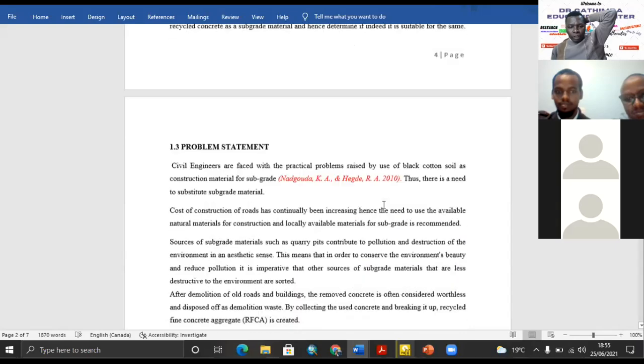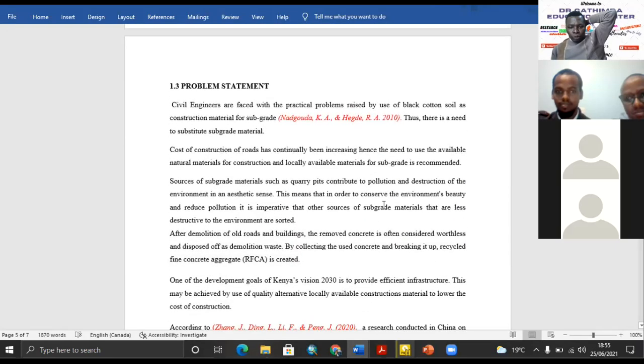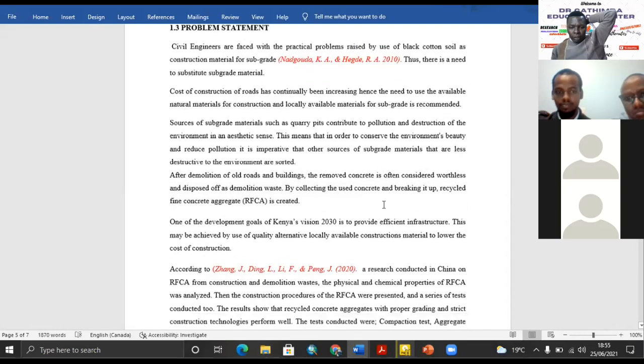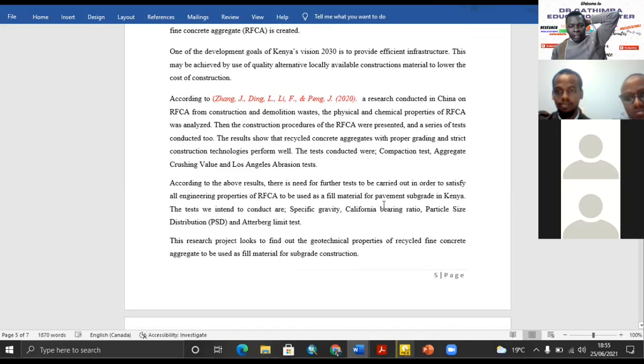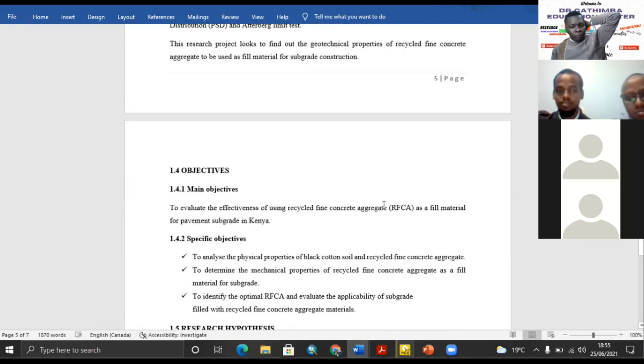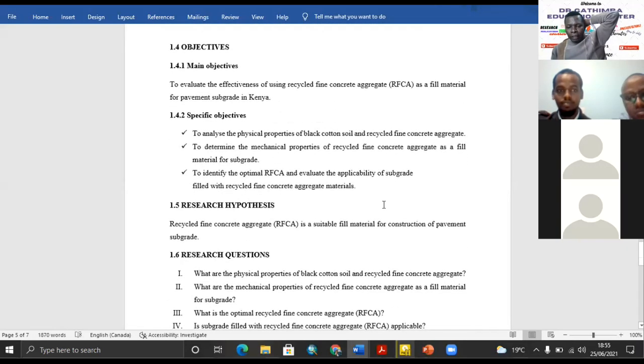Can you scroll down again? I want people to see the kind of work that you need to do when you start writing up your proposal. This is at proposal stage, you are moving to writing a proposal. This kind of write-up, I'm not saying it's the best, I've not read it, but it's far better than what I have received.